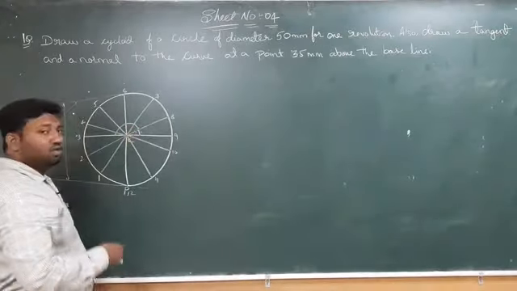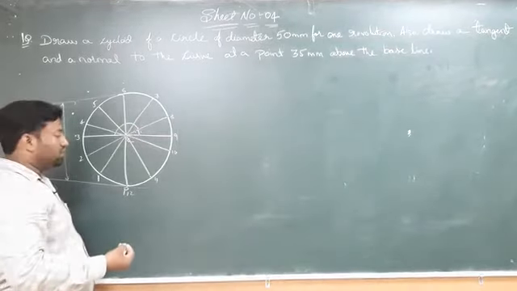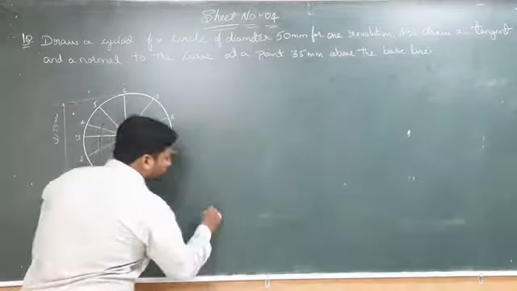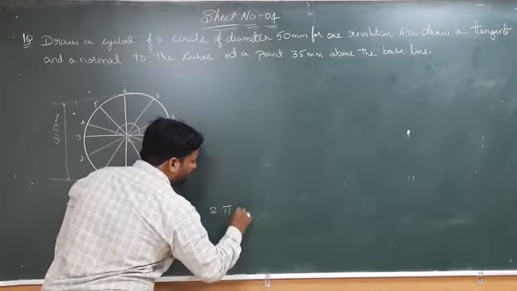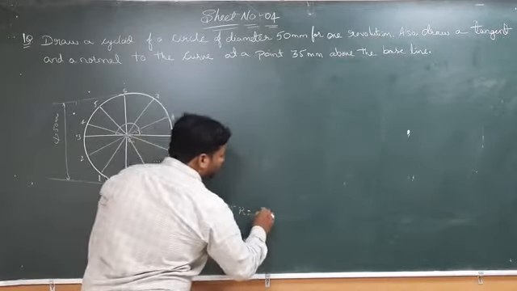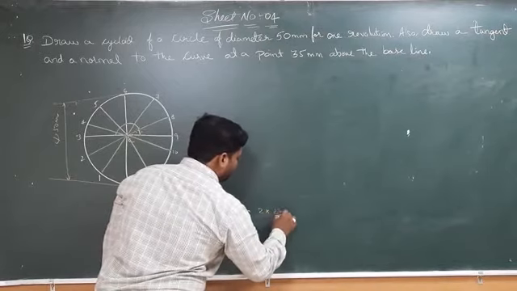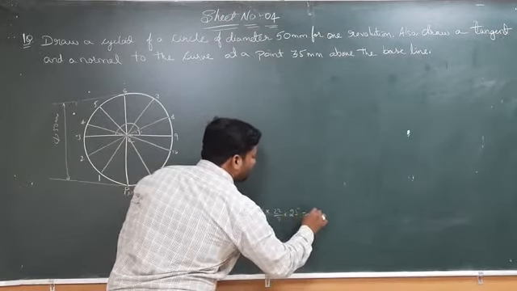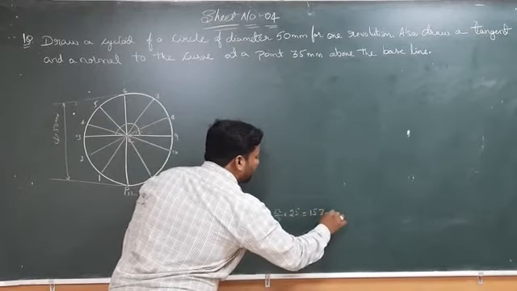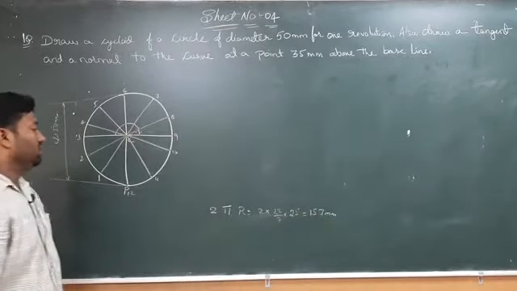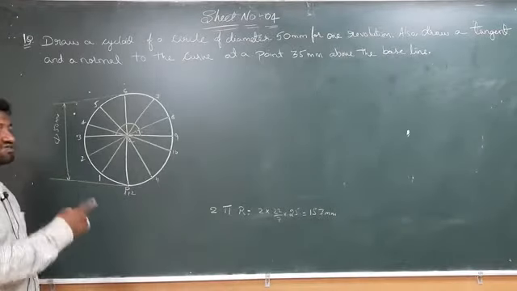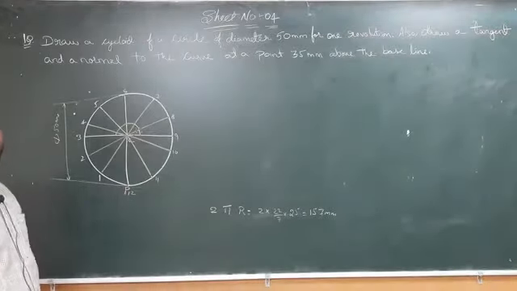The circumference of the circle is 2 pi r, that is 2 into 22 by 7 into r, where r is 25, which is equal to 157 mm. So for one complete revolution, the distance covered by the circle is 157 mm.